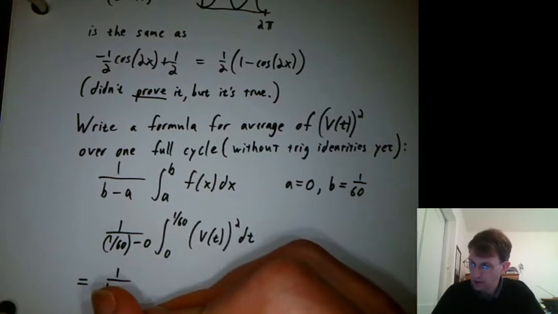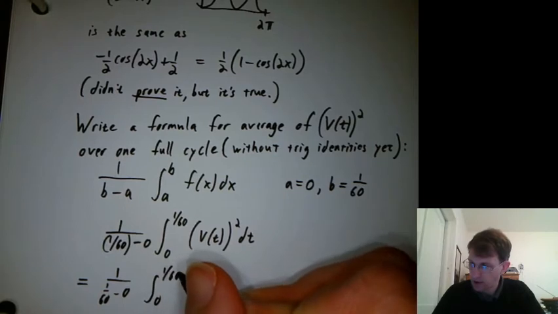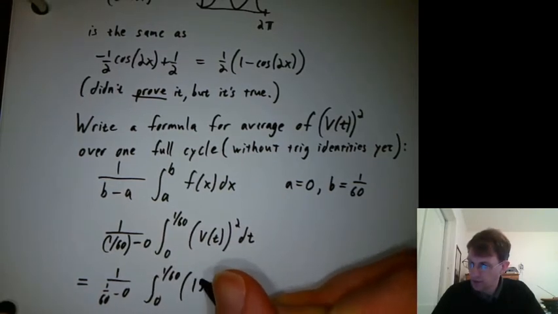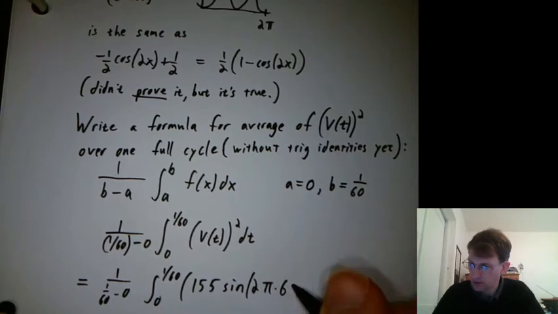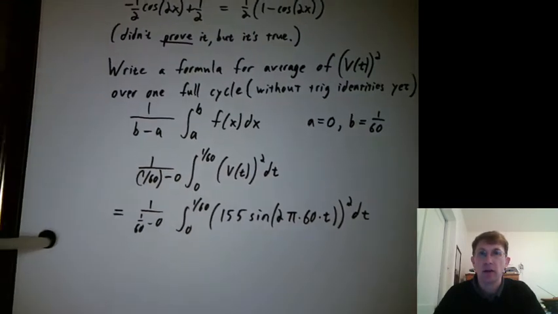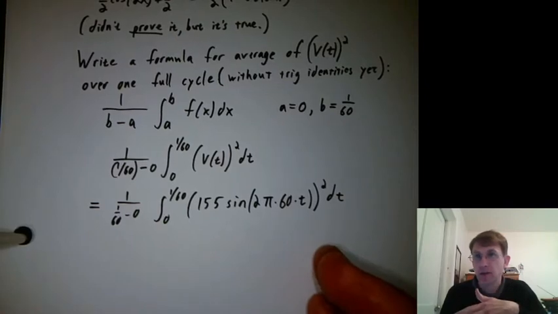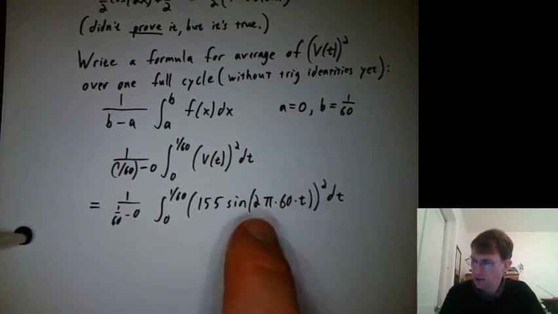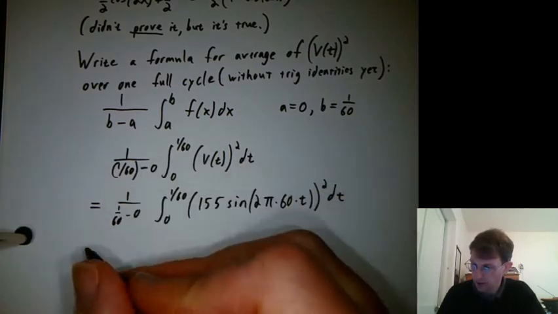So we have 1 over 60 minus 0, integral 0 to 1 over 60, 155 sine 2 pi times 60 times t, squared, dt. And then, how are we actually going to do that integral? We'll talk later about some of the other ideas we might have, but we're kind of thinking trig identities at this point, right? So let's apply a trig identity to the sine wave there.